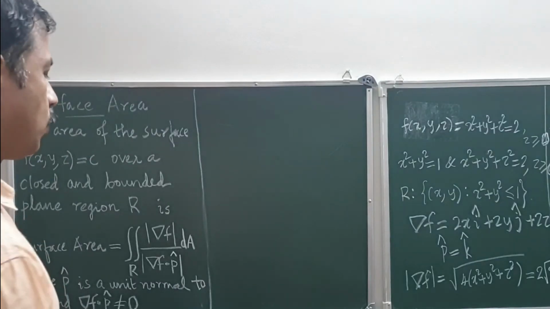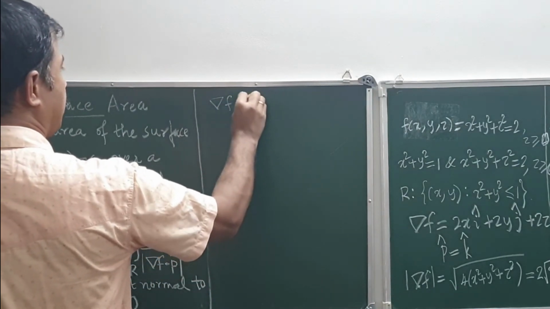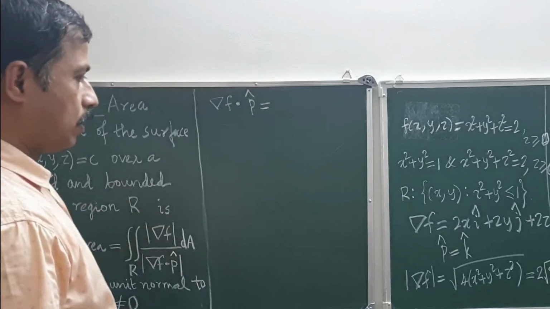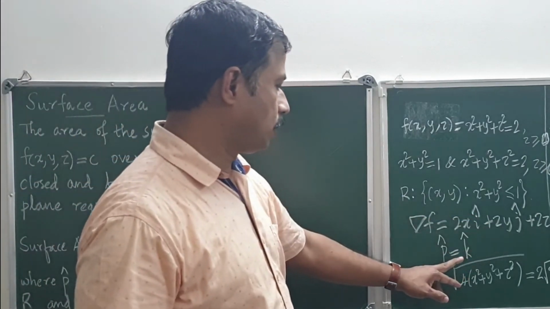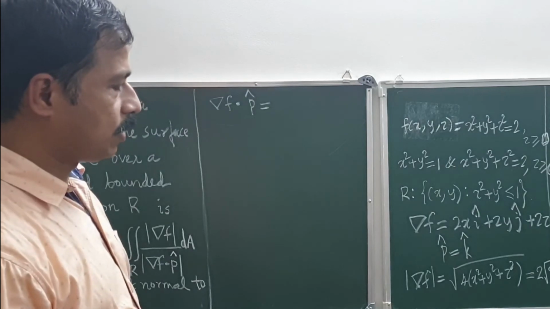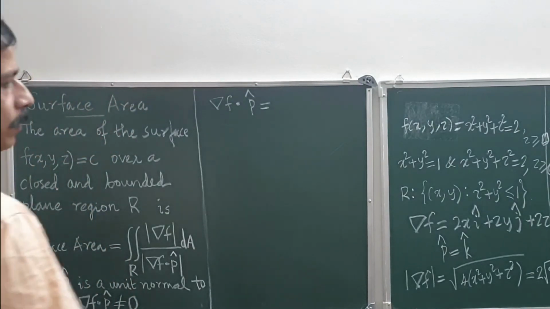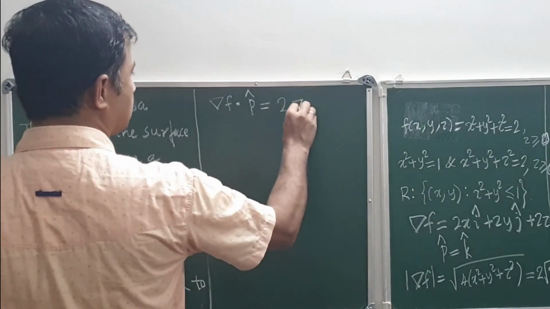What about grad f dot p? Grad f dot p is equal to this dot k. So i dot k is equal to 0, j dot k is equal to 0, k dot k is 1. So grad f dot p will be 2z.